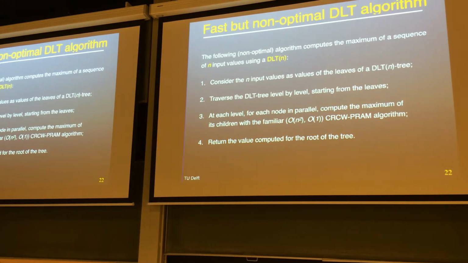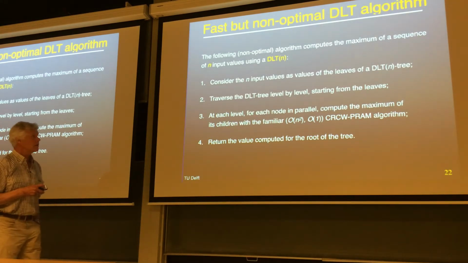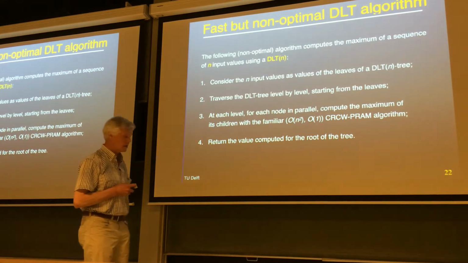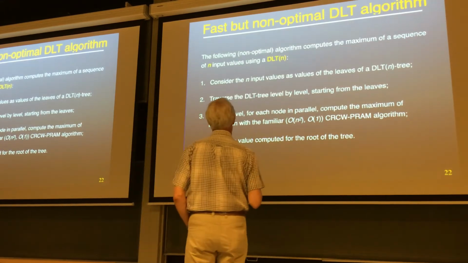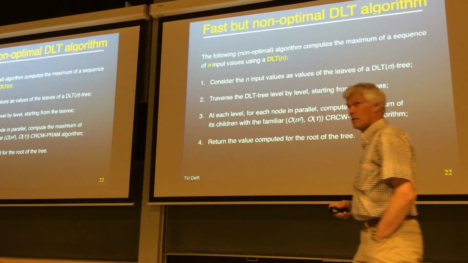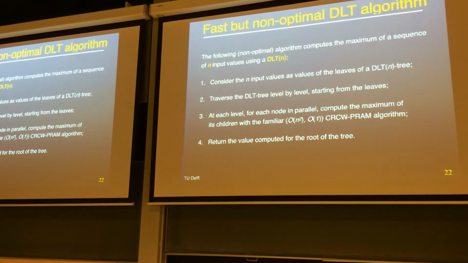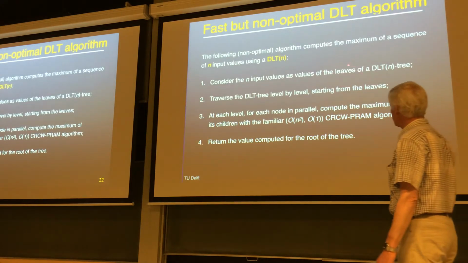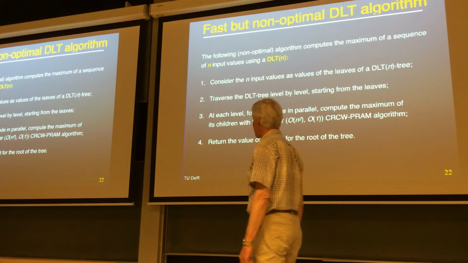What's more important is that we can find an algorithm for finding the maximum using a DLT tree. How to do that? Well, consider the n input values, assembled for example in an array, as the values of the leaves of a DLT tree.